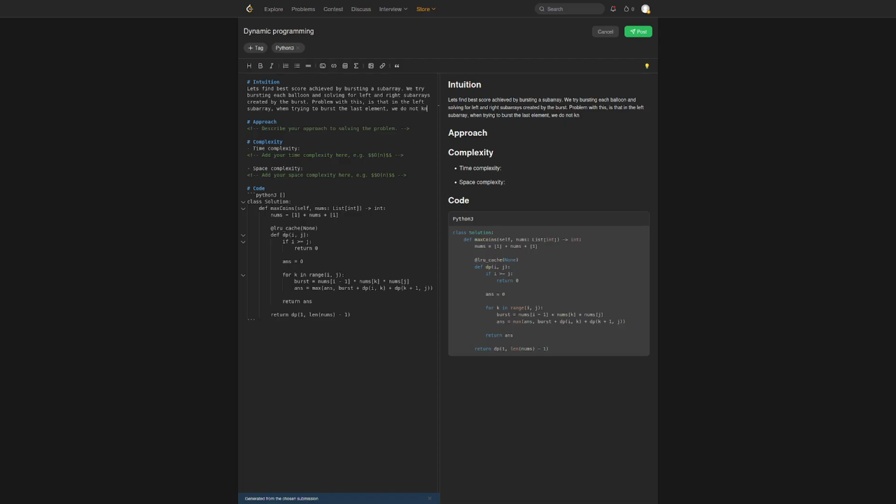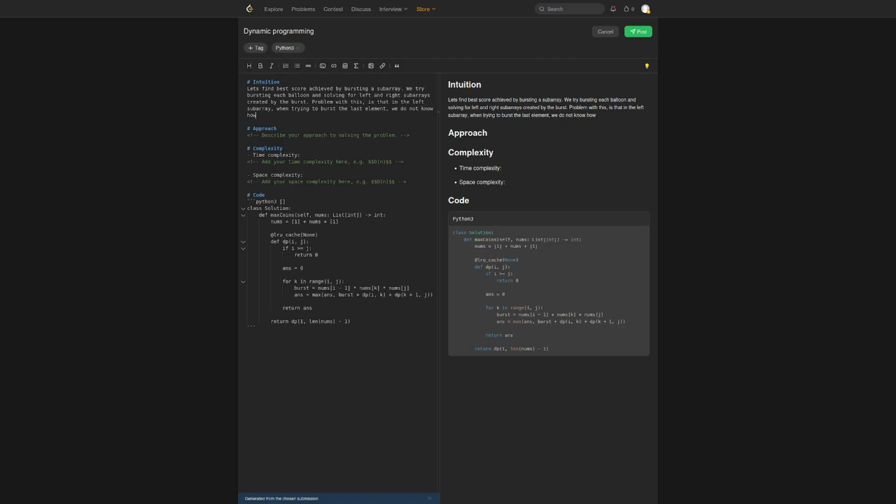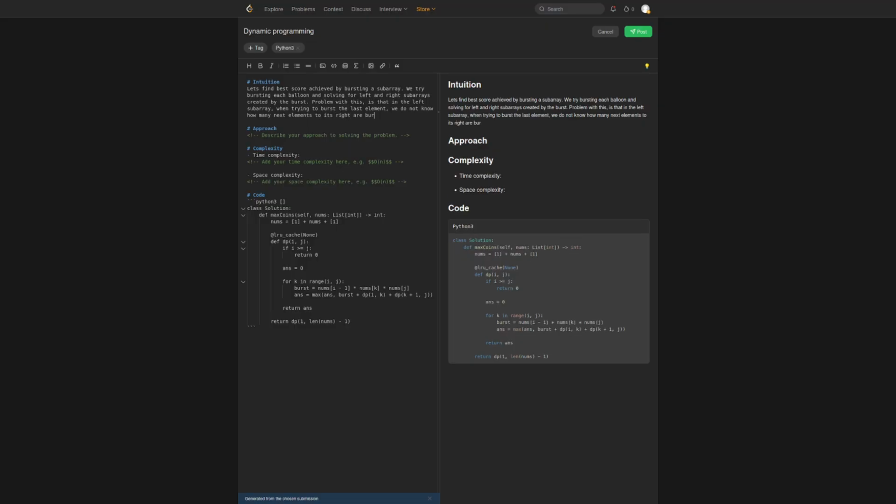We do not know how many next elements to its right are burst. Can we fix this?